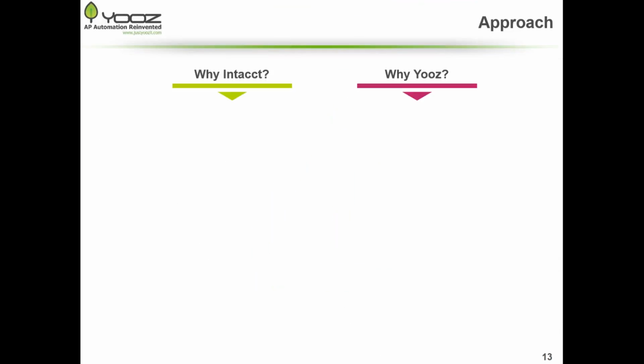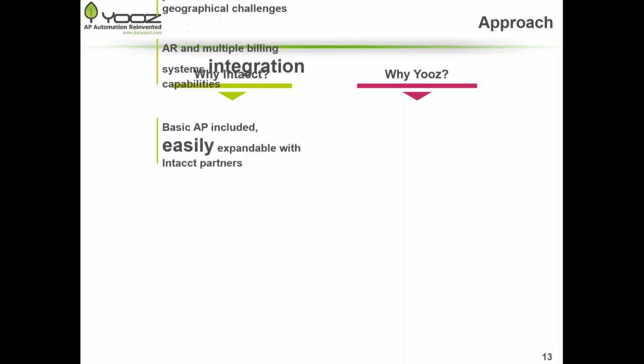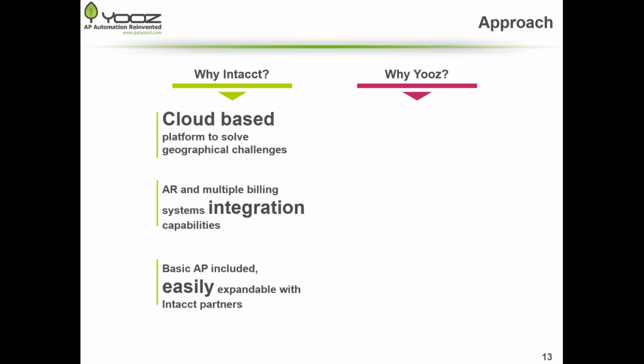The approach. Firstly, why they chose Intact. Intact is their finance system. They chose Intact because it was cloud-based, which was going to enable them to solve their geographical challenges. With multiple sites, they wanted all their sites to have access to their finance system.